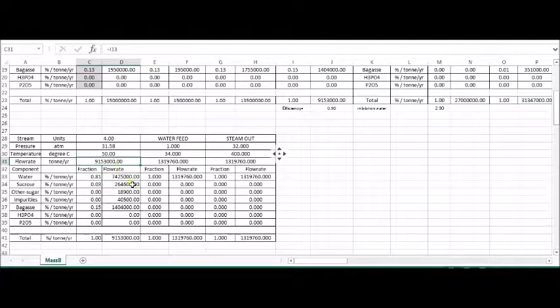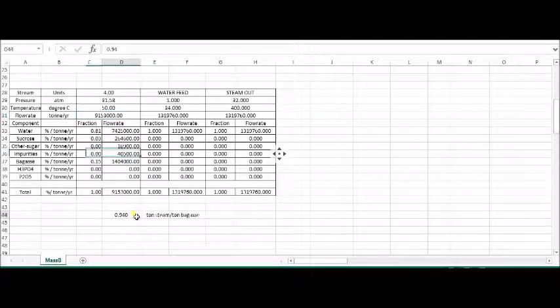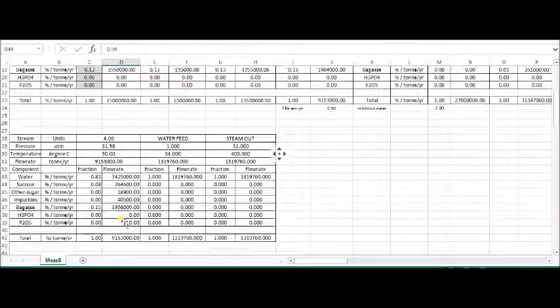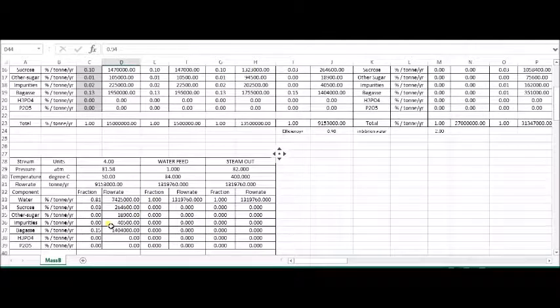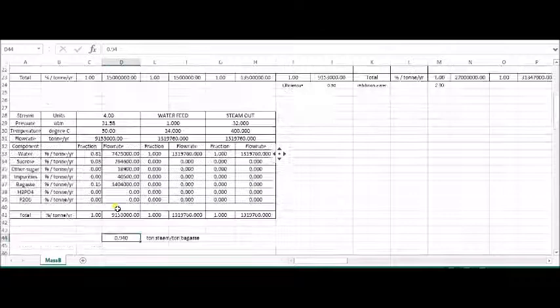From that amount of bagasse, we get this coefficient from the internet by inserting a formula, which is the ratio of steam to bagasse, based on the purity of the bagasse.